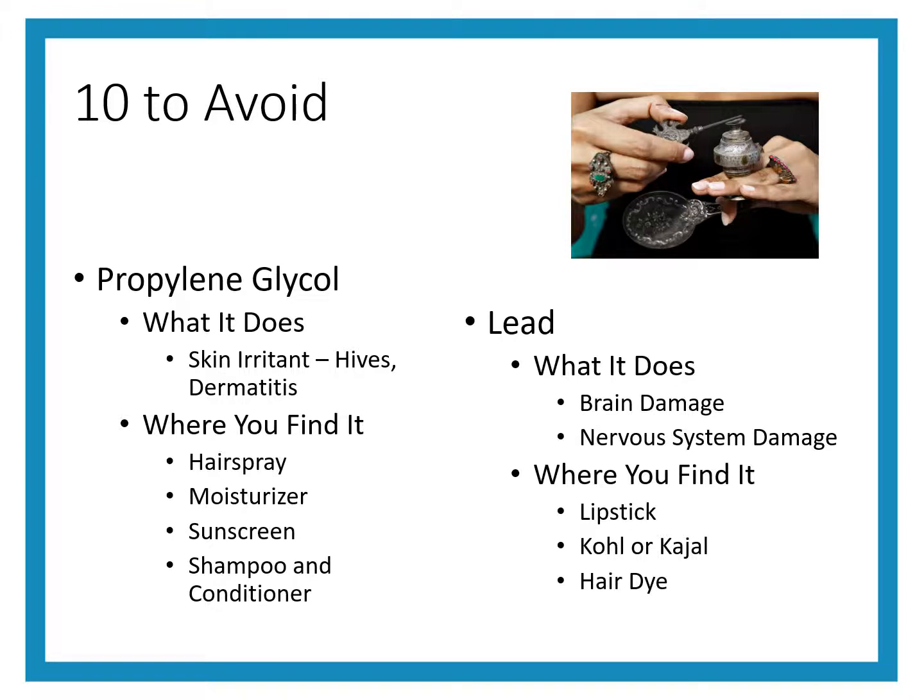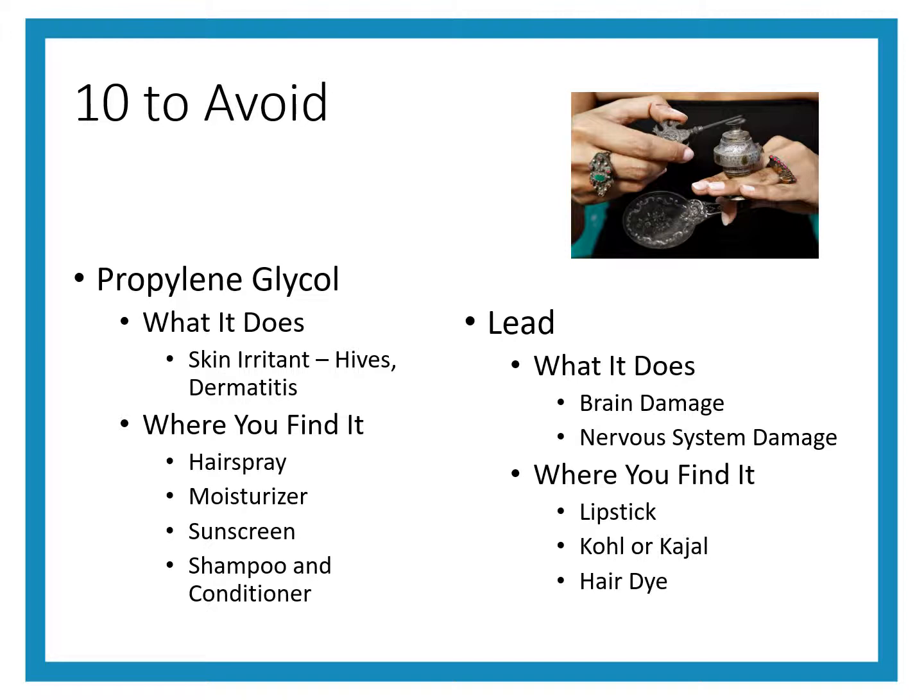Another one, now this next one is lead. And if you were listening in our first class, we talked about how damaging lead can be. And we know that it is damaging now, although it was used for thousands of years in cosmetic products. And we don't find so much that lead is actually added to products anymore.